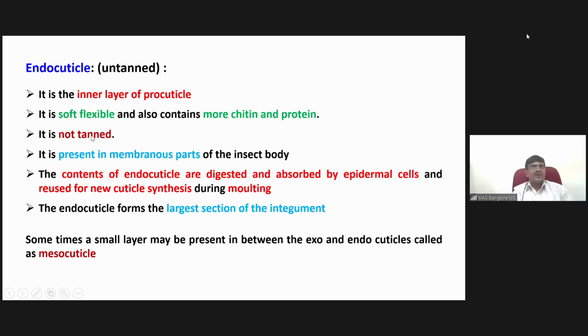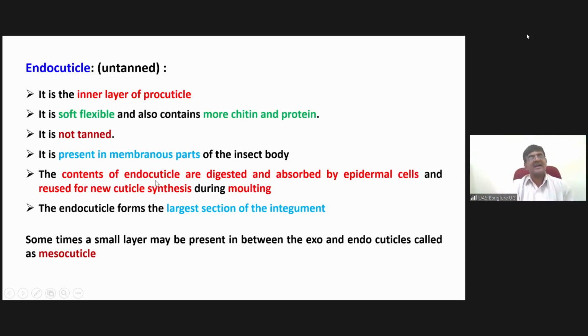It is the untanned layer, and usually present in the membranous parts of the insect body. Membranous parts may refer to joints, so it is present in the joints or the membranous parts of the insect body.